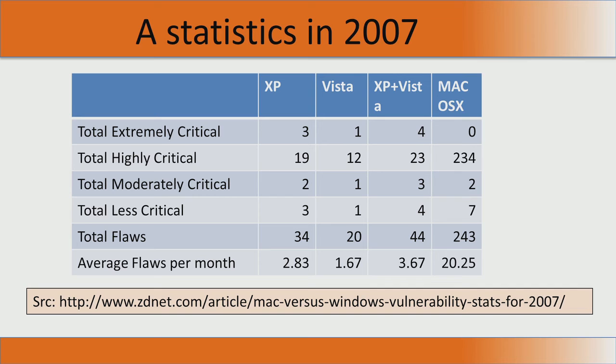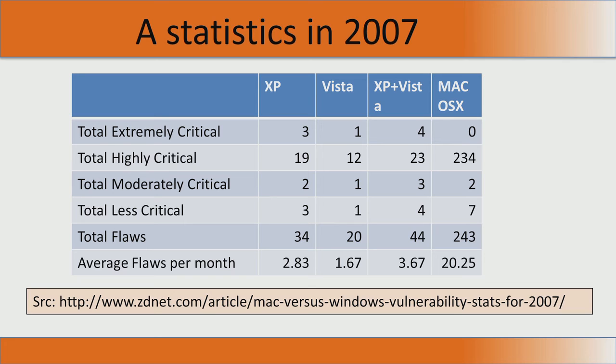For example, if you look at XP, there were 3 extremely critical vulnerabilities. For Windows XP in 2007, there were 19 highly critical, 2 moderately critical, 3 less critical, and 34 total flaws. So, the average flaws per month was 2.83. For Vista it was 1.67, for XP plus Vista it was 3.67.